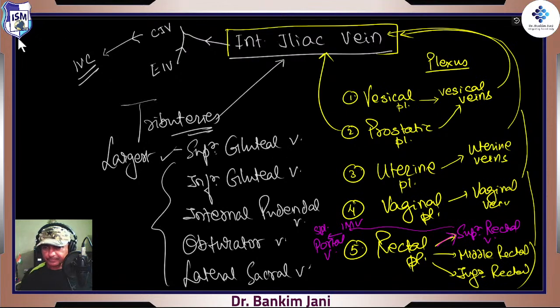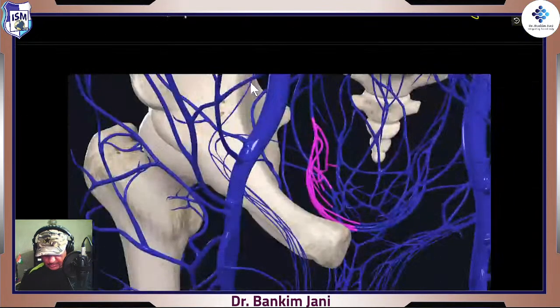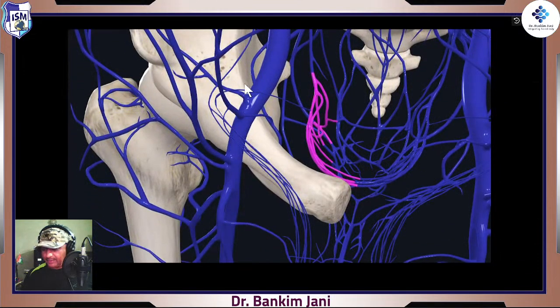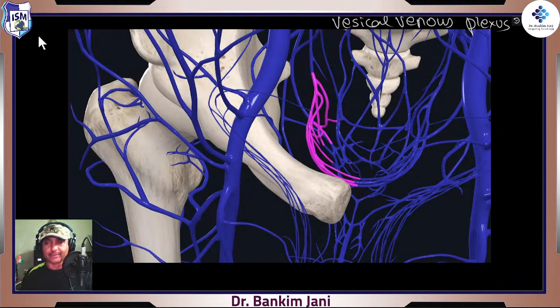Okay, see, this is how they really form, right? All are venous plexus. So this is the vesical venous plexus. I would just tell you to appreciate how these veins are clustered, how the meshwork is arranged, right? This is the venous plexus and vesical, so bladder.